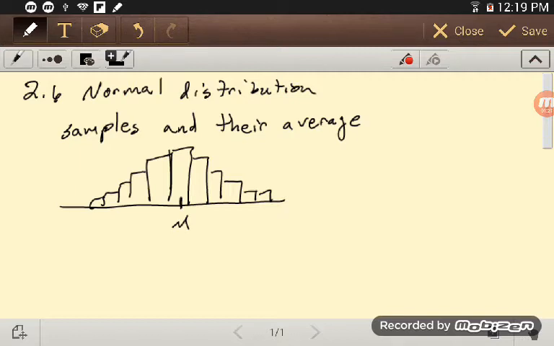We saw that in our project in module 2. We did exactly this. We sampled a bunch of times and got averages, and they look like this.